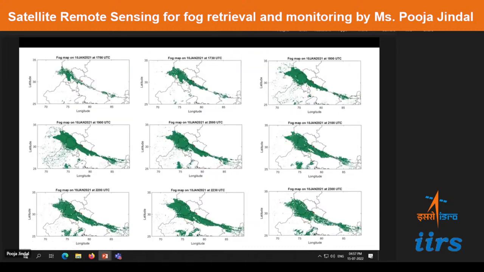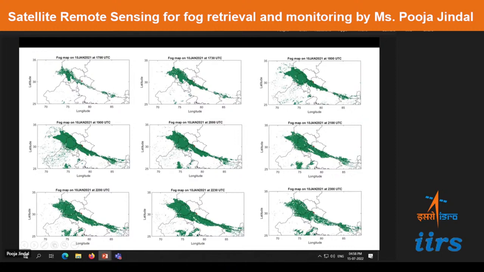Okay, so again, as already mentioned, because this is geostationary satellite data, we have data after every 30 minutes or 15 minutes. So we can apply the methodology for all the times and monitor the fog. For example, for this particular day, 10th January, starting from 17 UTC, you can see the spread of the fog, which is very less.